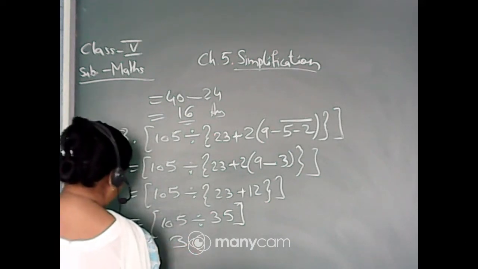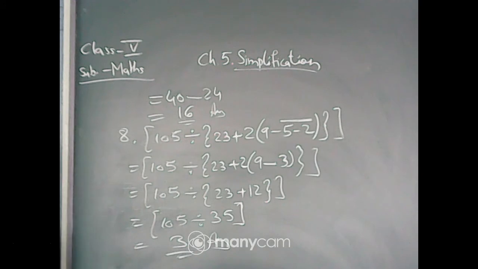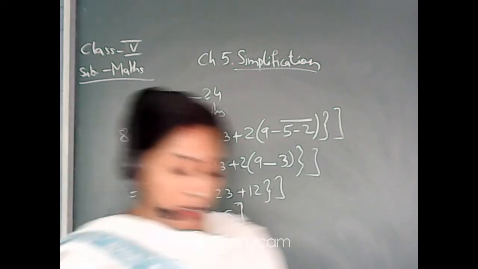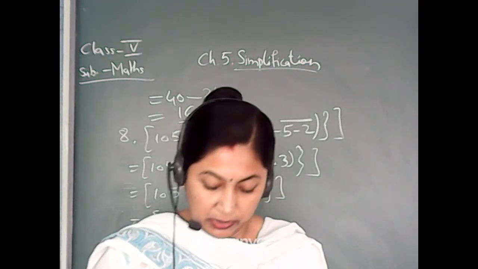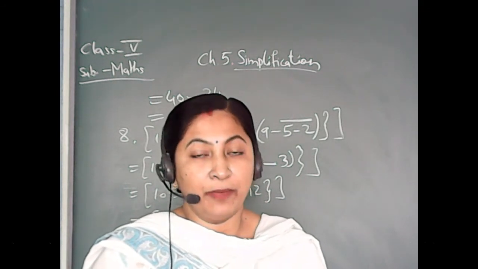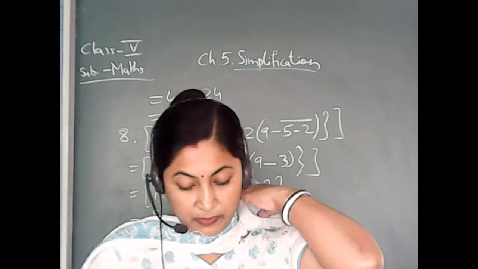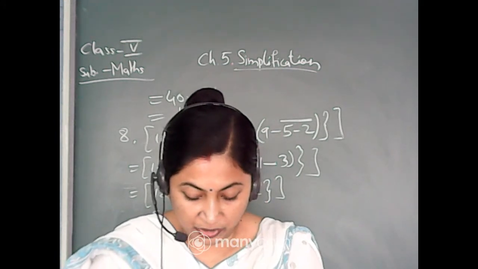So it will be 3. So our answer is 3. Okay, so this way you will try to solve the other questions also. It is very easy. You can solve all the questions. Now the question bank, it is for your practice. You will do it at home. Clear?